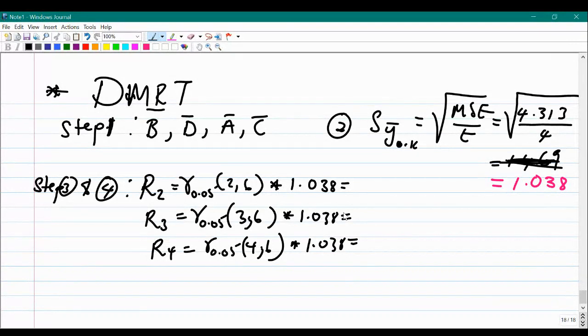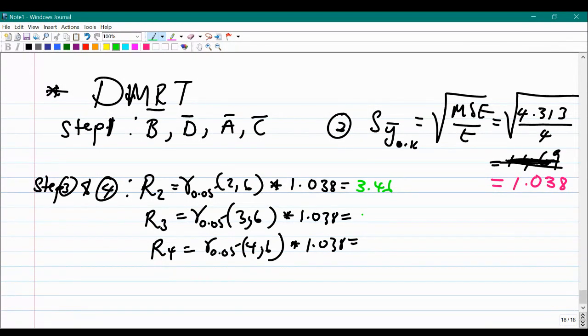I have the numericals here. Can someone help us with the values from Duncan? No one? The value for R2. I'm waiting for the answer. 3.46. And then before you multiply it with 1.038, yes.